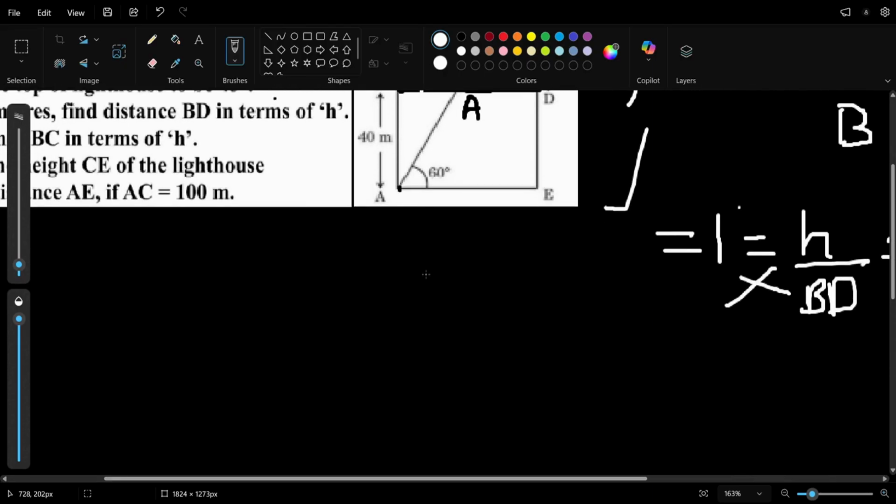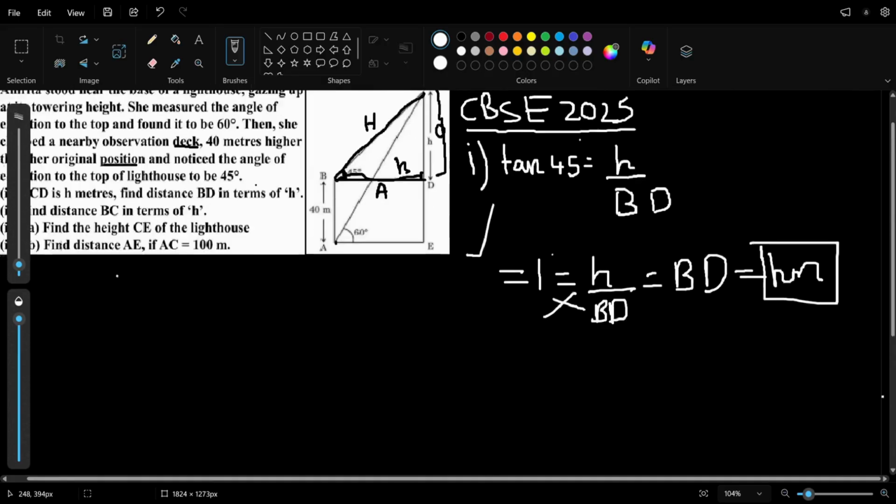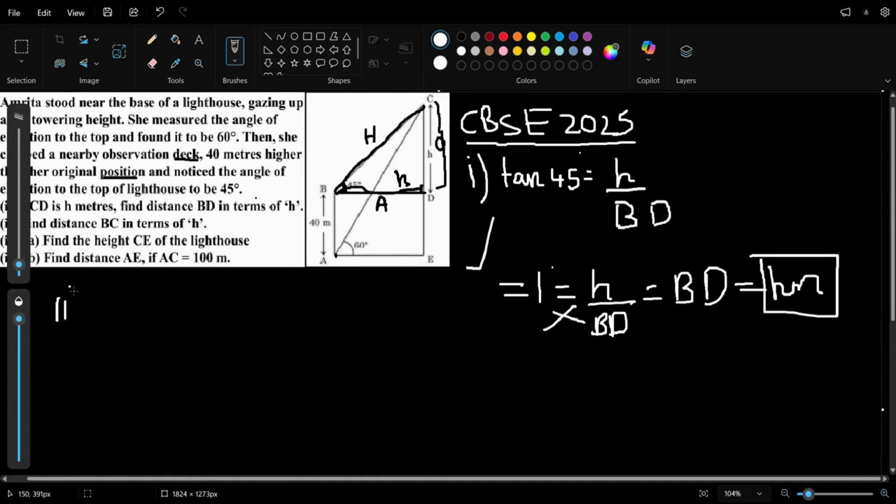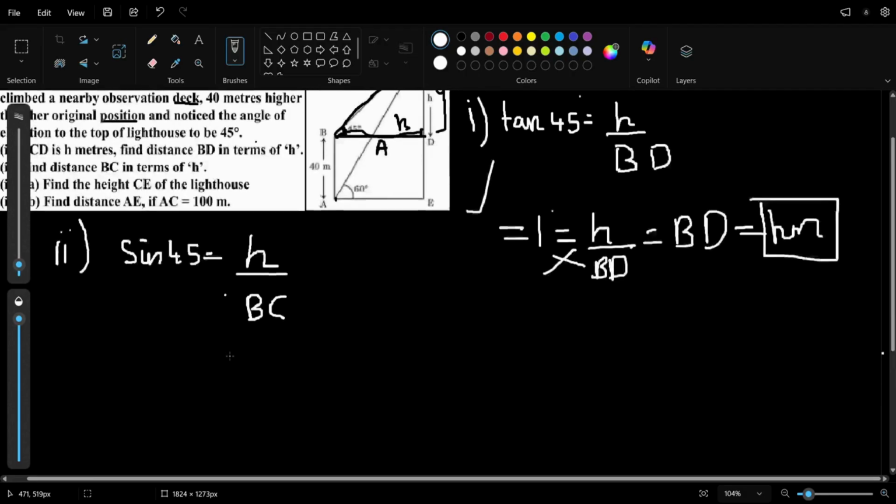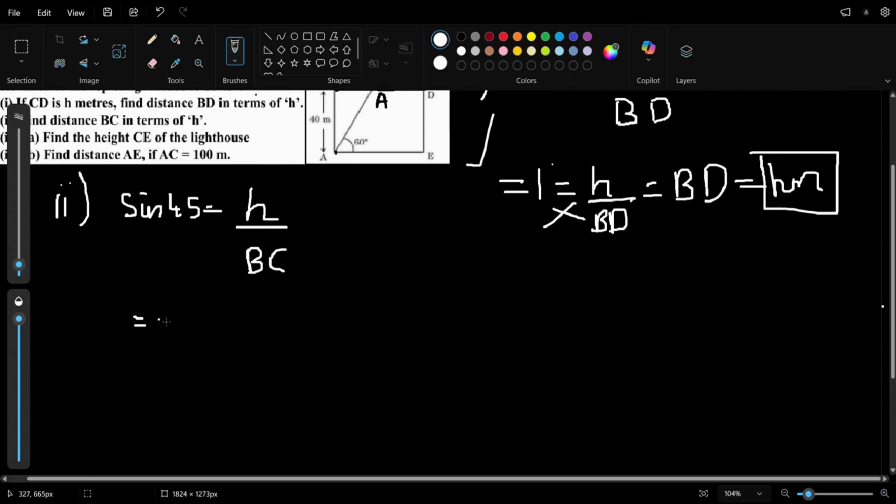So for the second one, we can say sine 45 is equal to opposite, which is CD, so h, and hypotenuse is BC. Now sine 45 is 1 by root 2. So 1 by root 2 is equal to h by BC.